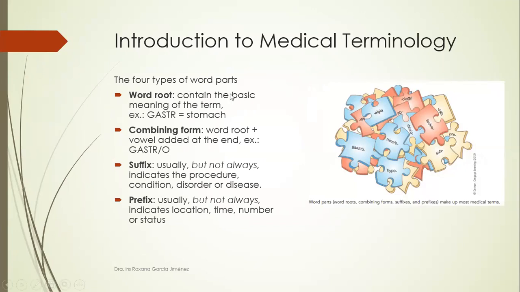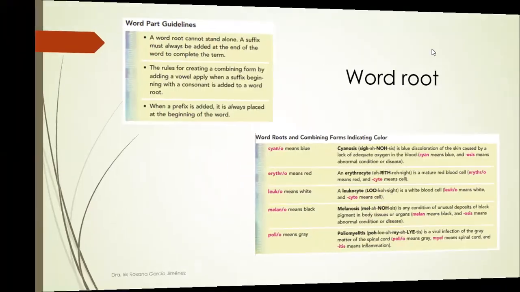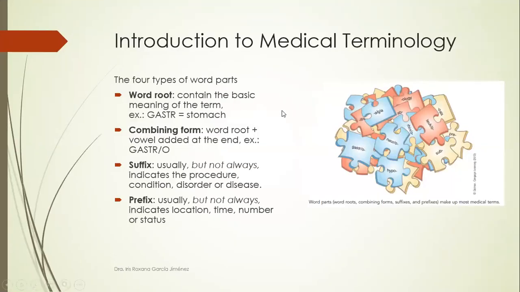With the basic meaning, we have the chance to infer what we are going to talk about, and to keep in mind which organ or which situation we are talking about. For example, gaster. Gaster means stomach. So wherever we see gaster, this combination of letters, this word root, we know that we are talking about the stomach.